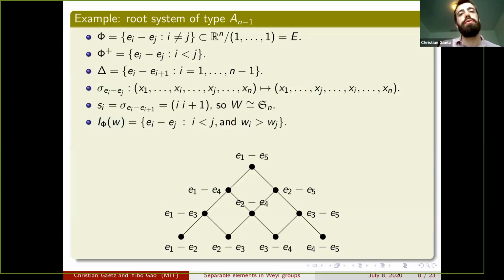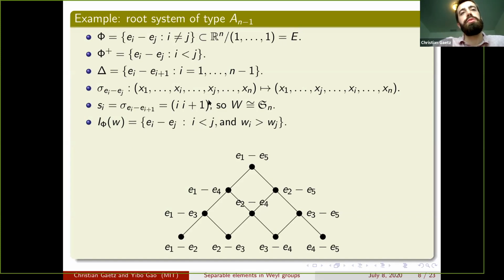Okay, so here's an example for type A, the symmetric group. And if you're less familiar with Weyl groups, then you might want to just think of this case. So here the root system is all the differences of standard basis vectors living inside of this quotient space. We'll call the ambient space that the root system lives in E. The positive roots are those e_i minus e_j where i is less than j. Simple roots are when the indices differ by 1.